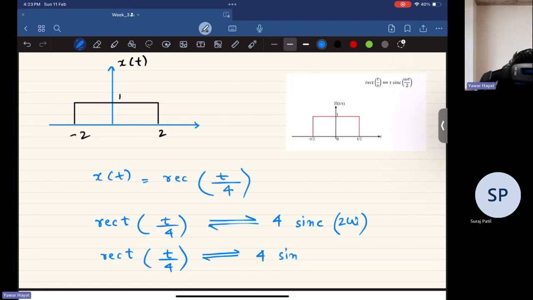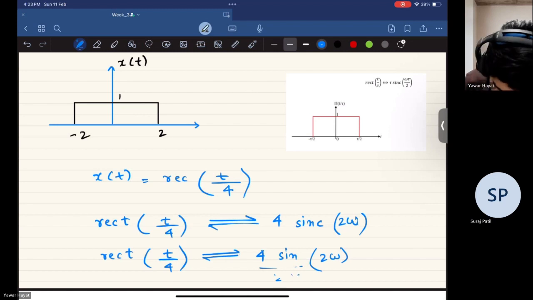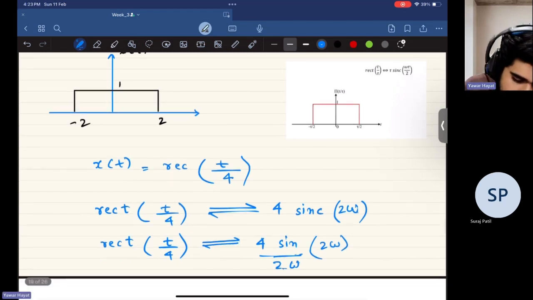So by definition, I'll write sine of 2 omega divided by 2 omega, and this is what you get.